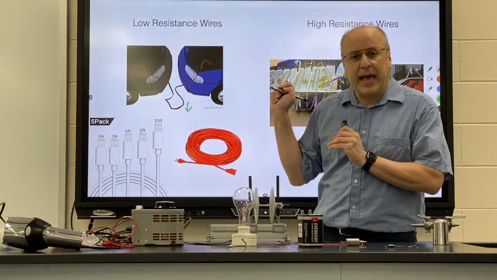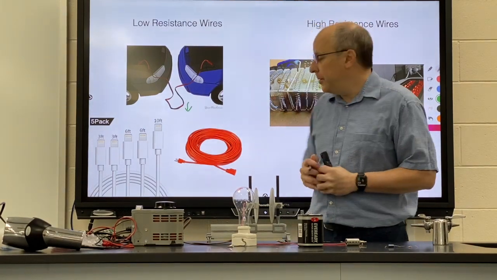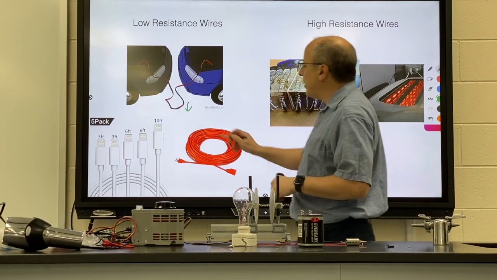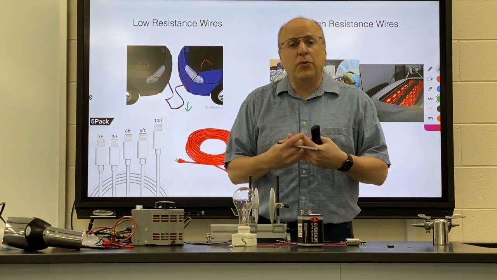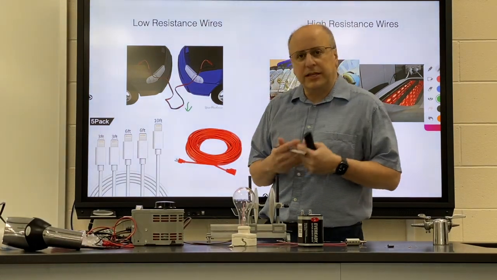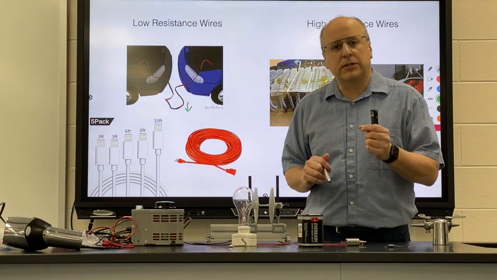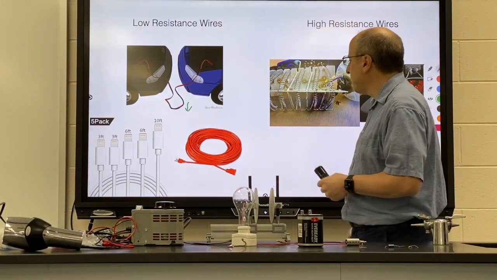You want to get the energy from battery to battery as efficiently as possible. The same is true when you're trying to charge your phone. You want your phone to charge as quickly as possible. You want to get as much electricity to your phone as you can. So you want to have these wires with the smallest possible resistance.